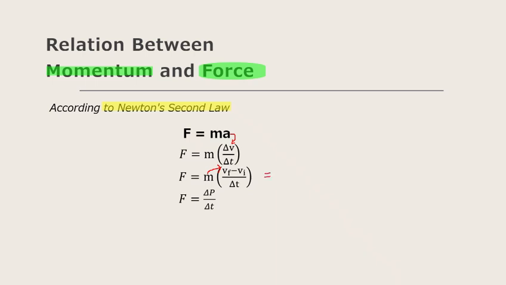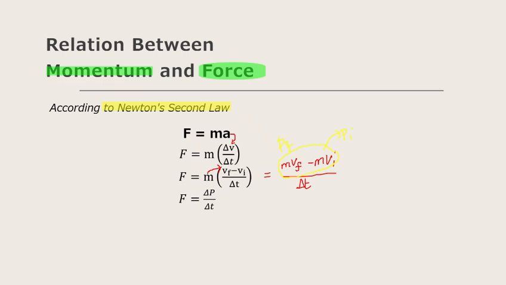So you can write mvf minus mvi divided by delta t. This part is equal to the change in momentum: this is the final momentum and this is your initial momentum. So change in momentum over change in time is equal to force.